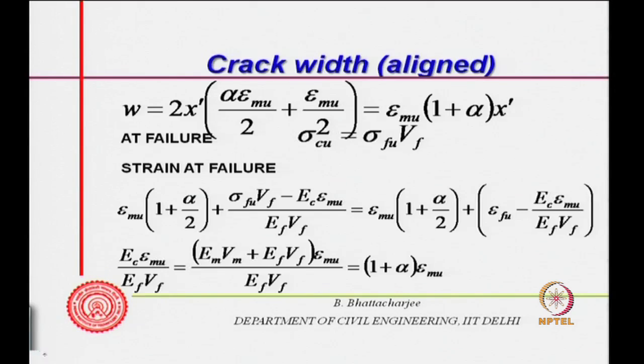So, this is the strain after the crack has formed, that is what we have seen. Then sigma fu Vf minus Ec epsilon mu divided by Ef Vf, that is from the similar triangle that I was talking about, and you get epsilon mu 1 plus alpha by 2. If you divide by Ef Vf, this will be alpha epsilon fu.